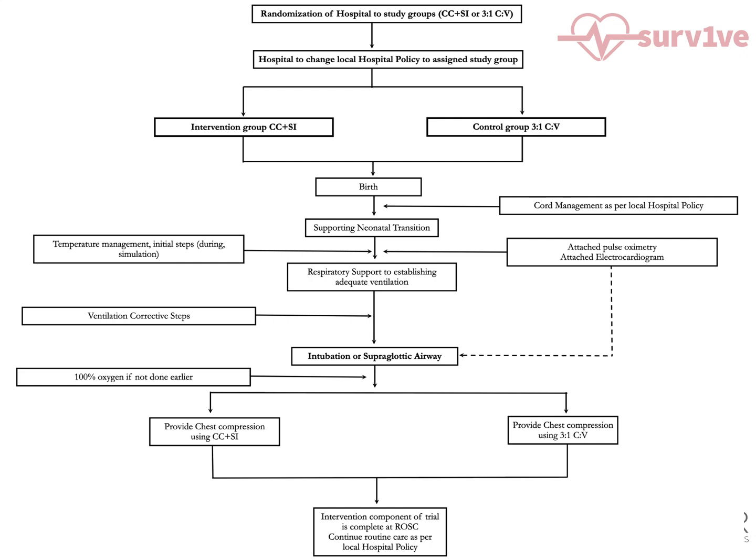And here you can see the algorithm of the trial. You can see that everything is the same from an algorithm perspective as you would do it in your current neonatal resuscitation algorithm. The only difference is that the moment you start chest compression, as your hospital is randomized to CCSI or 3-to-1 chest compression to ventilation ratio, this is the approach you're doing. And before that and after that, you do what you always do as per your routine hospital policy.